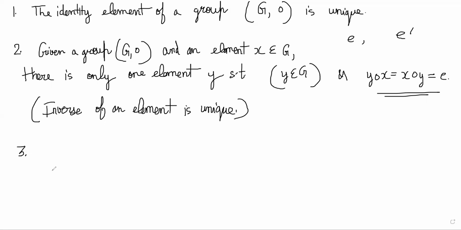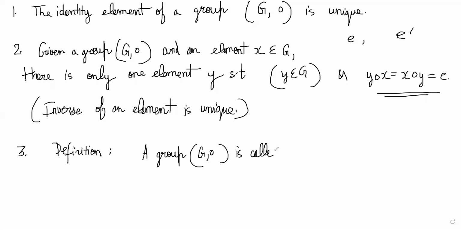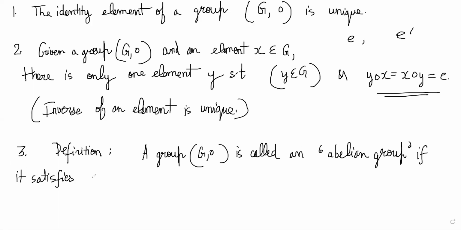Third thing that we want to talk about is a basic definition. A group G dot is called an abelian group if it satisfies the commutative property.